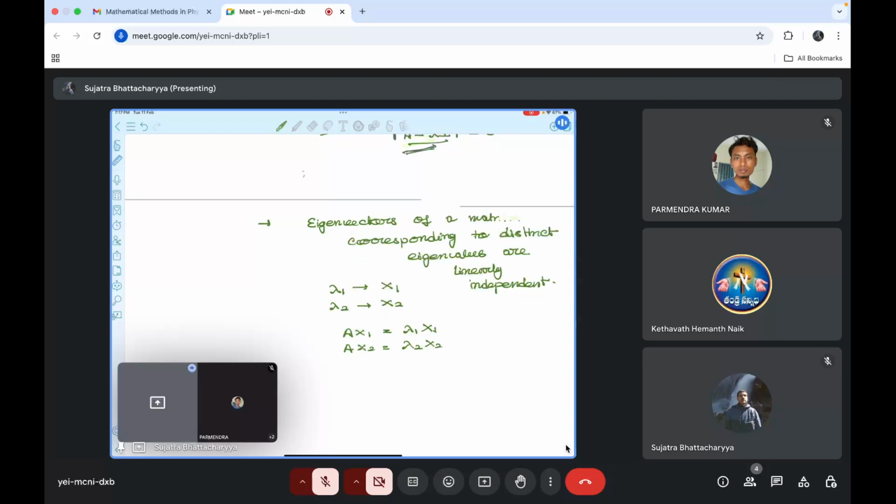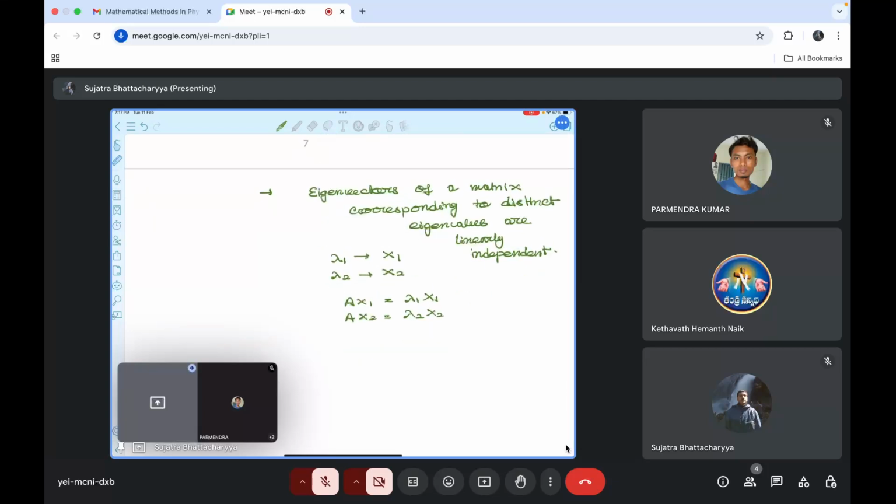Okay, and let us say that X1, X2 are linearly dependent. What we have said is that eigenvectors of a matrix corresponding to distinct eigenvalues are linearly independent, but we are assuming first that they are linearly dependent. We start with a false proof. So we can write X1 is some alpha times X2.